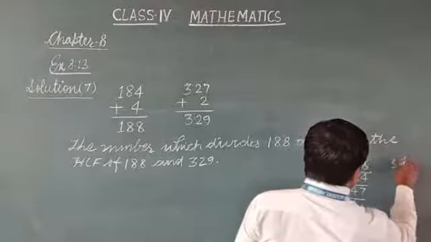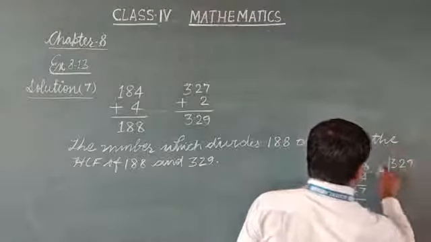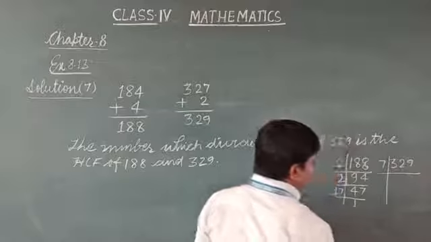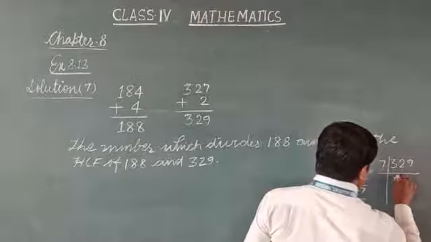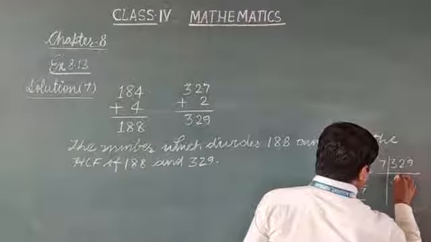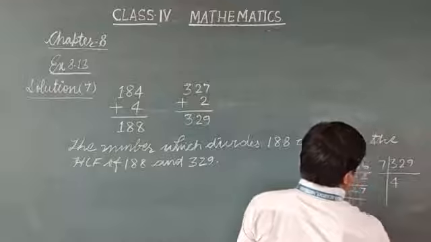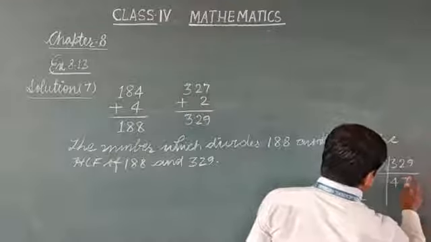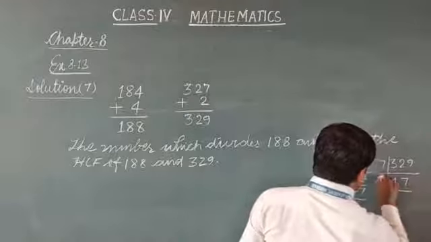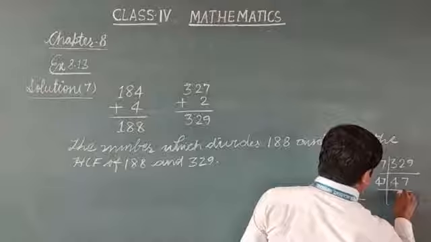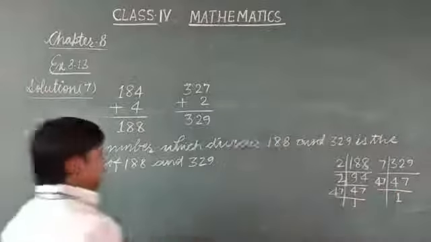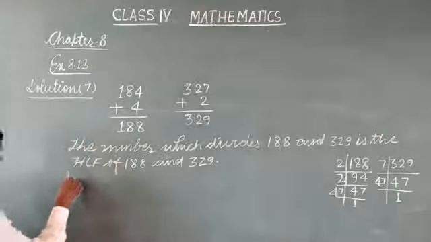And 329 by 7 it will be divided. 7 fours are 28 and 7 sevens are 49. So it will be 47, 1.